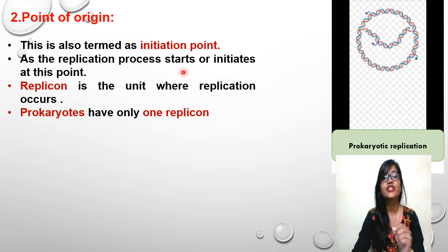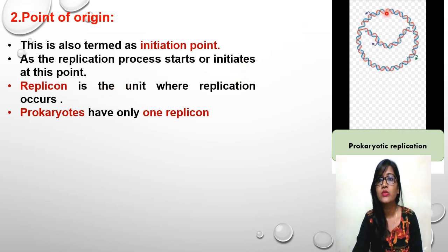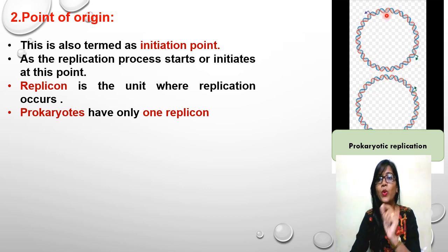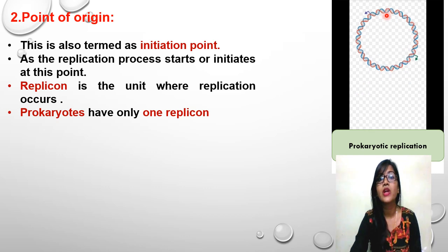As the replication process initiates at this point, observe this diagram: at this site, the replication starts. That point is called the replicon. Replicon is the unit where the replication occurs. Prokaryotes have only one replicon, as shown in this diagram.